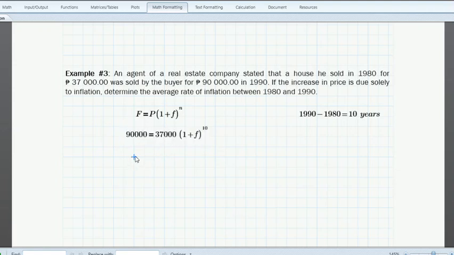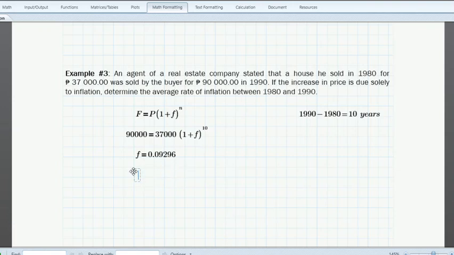Then, the value of F or the inflation rate is equal to 0.09296, or in percent, we cannot convert it in percent, so I will just manually convert it.